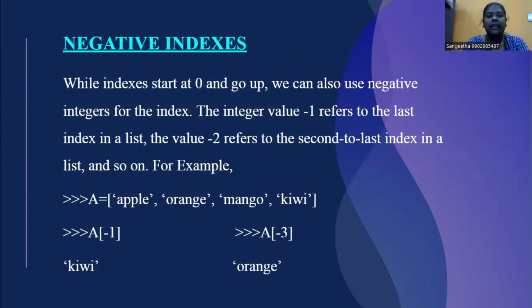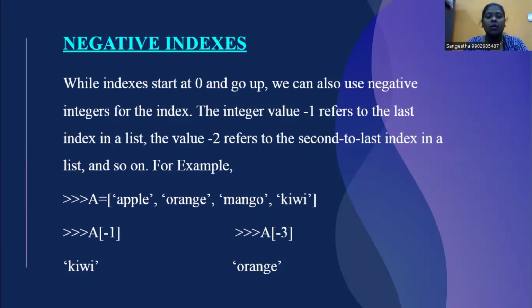Next is negative index. While index starts at 0 and goes up, we can also use negative integers for the index. The integer value -1 refers to the last index in the list. The value -2 refers to the second to last index in the list, and so on. For example, a list named A which has the items apple, orange, mango, and kiwi.